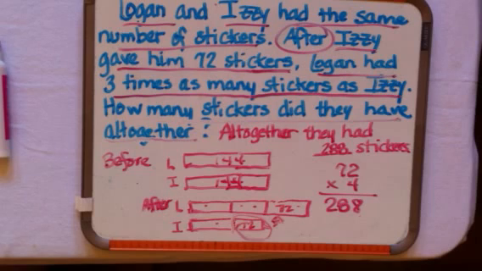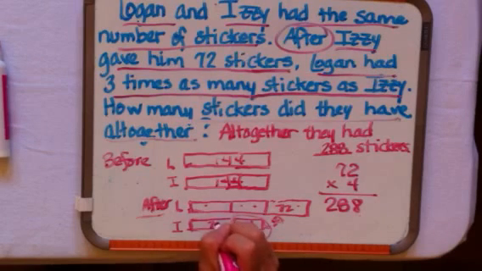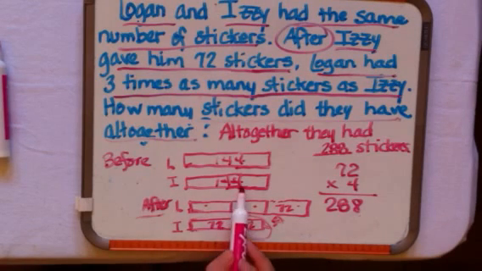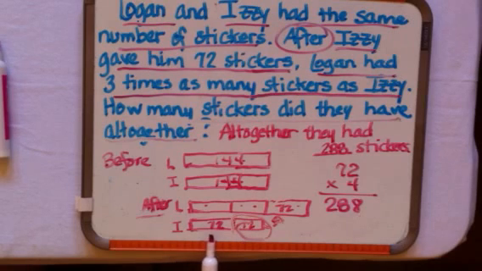Well, what happens if I then use this information in this portion of the problem? I show that Izzy gives away 72. That would leave her with 72. It's 144 minus 72 is 72. And Logan would gain that 72. So he would have 144 plus 72.